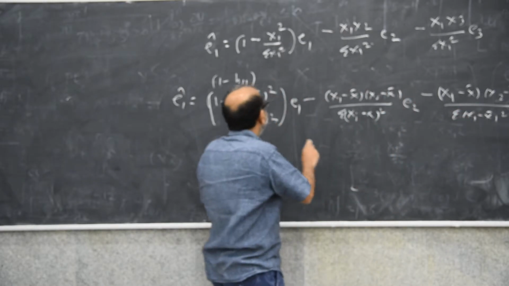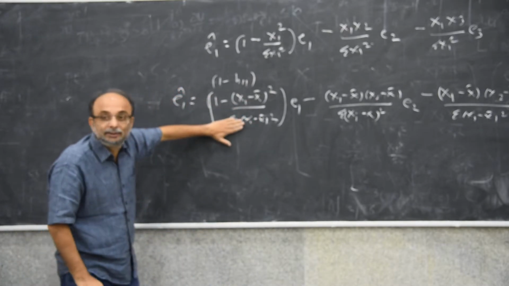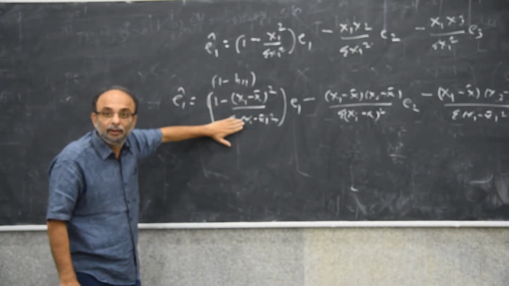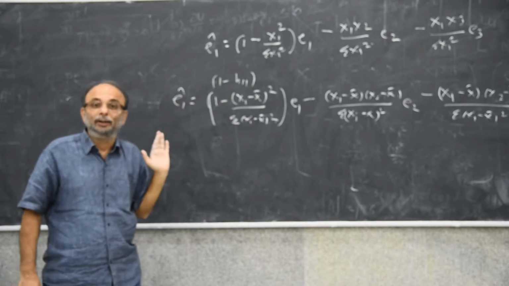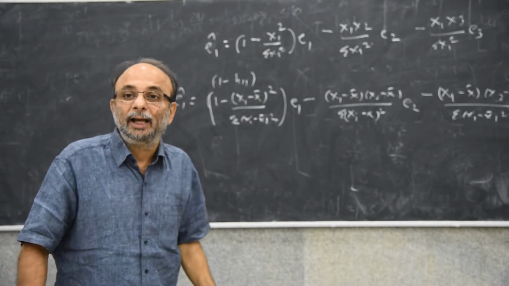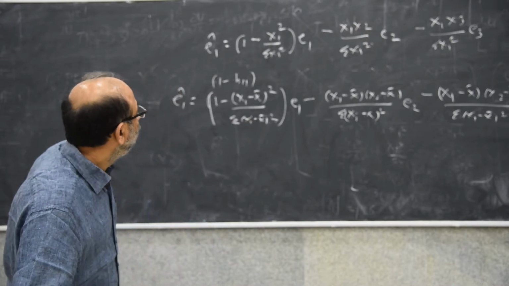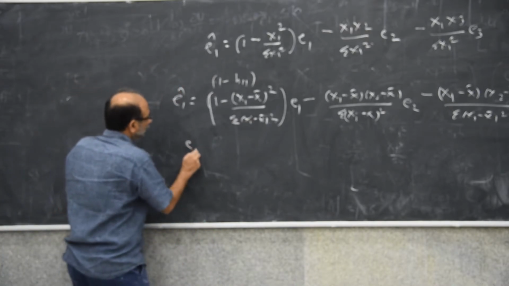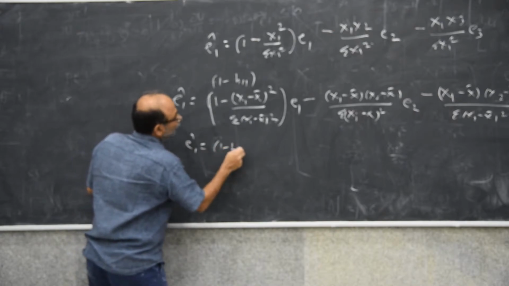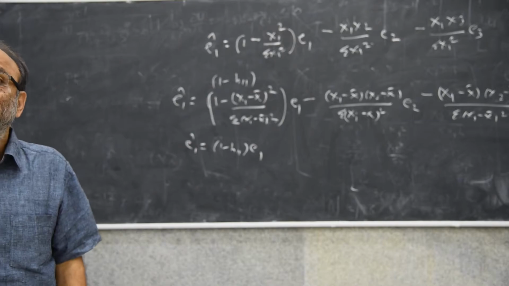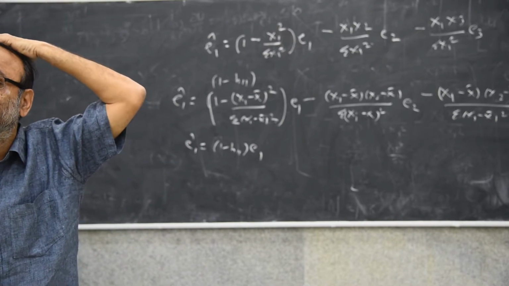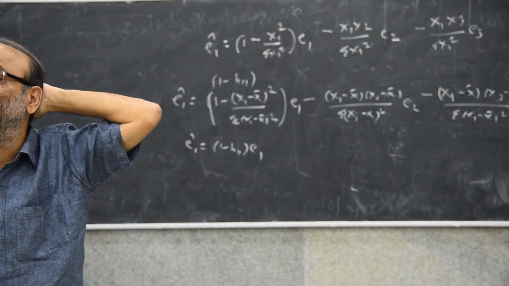So effectively we will be concerned with this, the leverage, 1 minus H11. So we will roughly write E1 hat is equal to 1 minus H11 into E1. This I left opaque in the last class. I had not really told you what this is.